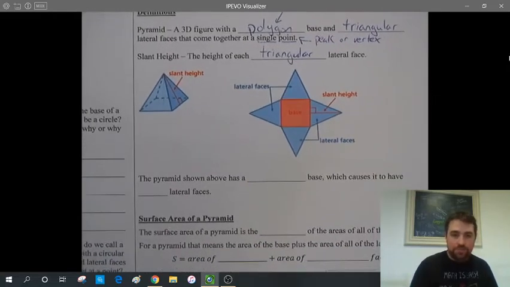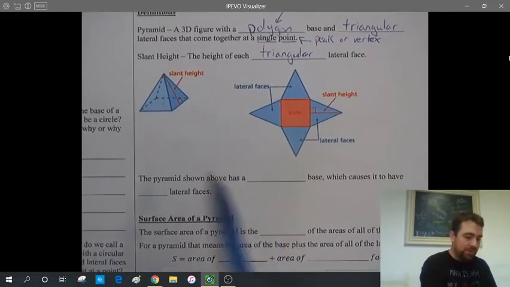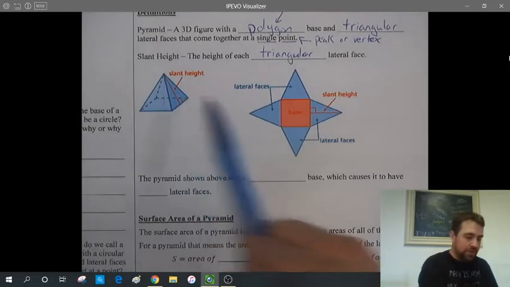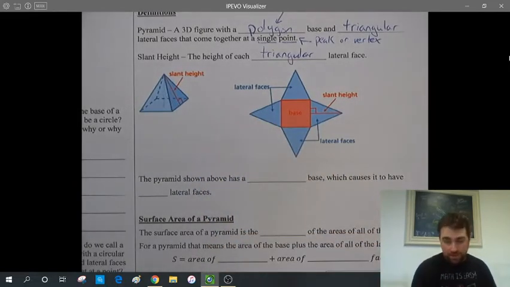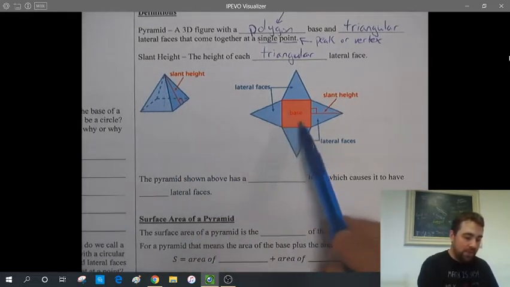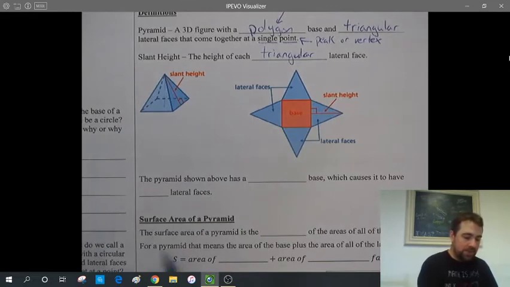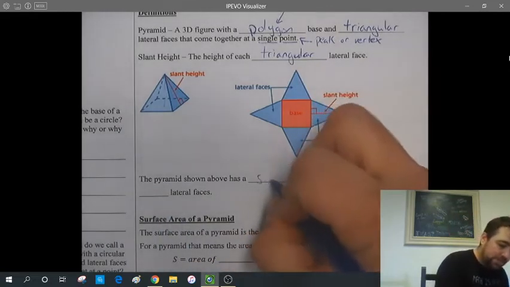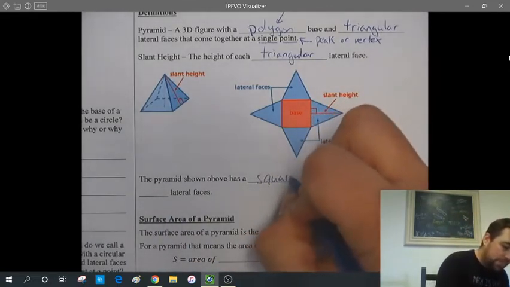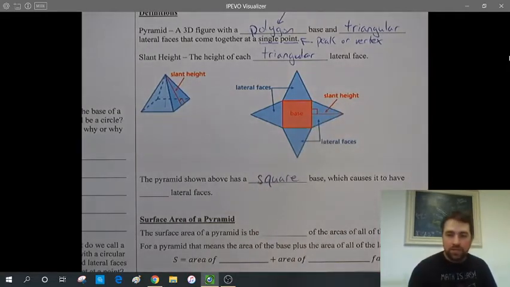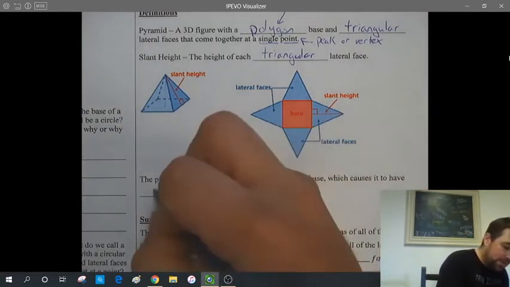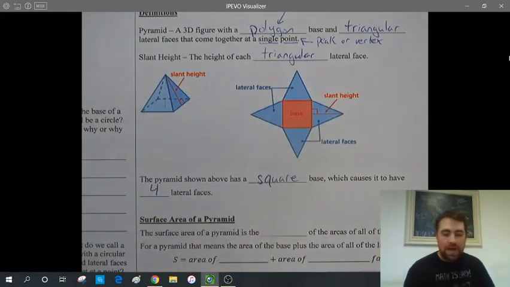Okay, so in this you can see here's the three-dimensional version, here's the two-dimensional layout of it. So basically if we were just to fold down each of the triangular faces, you in this one have a square base, and so that's going to fill in this answer down here, which causes it to have, in this case, 4 lateral faces then.